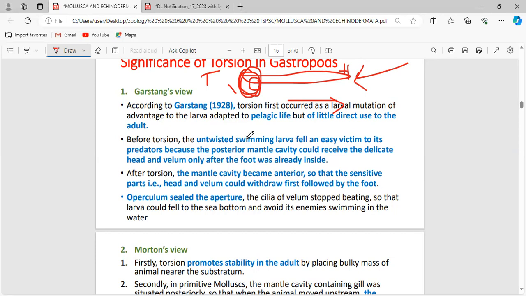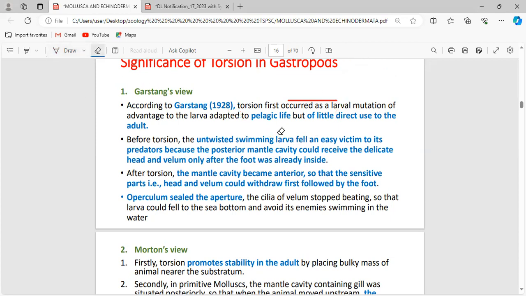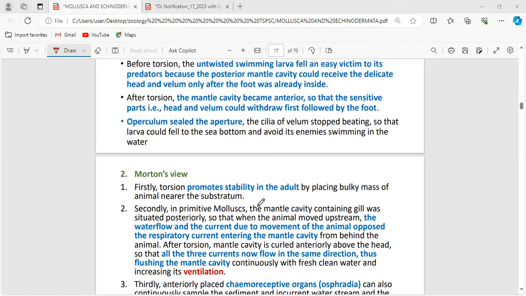It has to sense the food, the enemy, everything. If all the sensory organs were in the posterior region, what would be their purpose? That is why the animal sends sensory structures like the mantle cavity and velum to the anterior region. This is the greatest importance of torsion. Clear? Keep interacting with me so that it is easy for me to know you are okay with this.